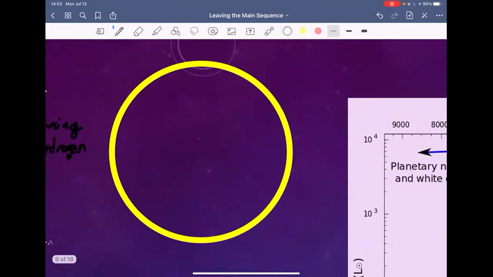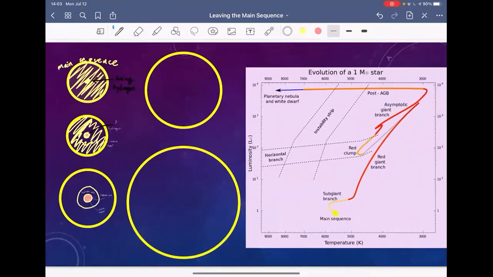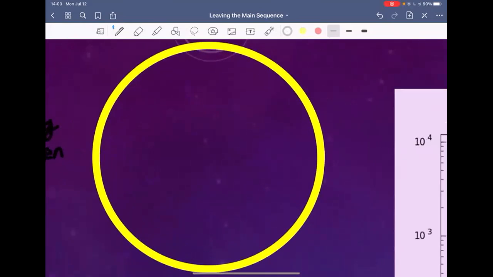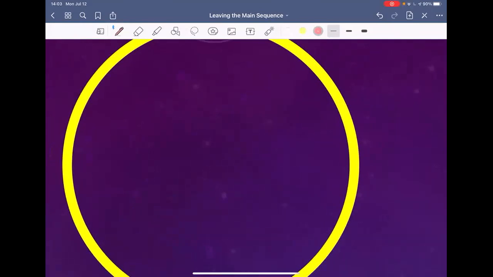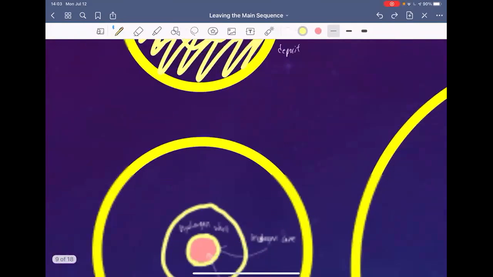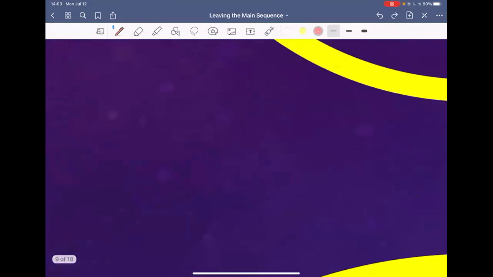Then what happens? After enough time, the core gets even smaller, because now you completely run out of hydrogen. Imagine all this hydrogen right here is used up. If all that hydrogen is used up, then nothing is stopping this core from getting even smaller.